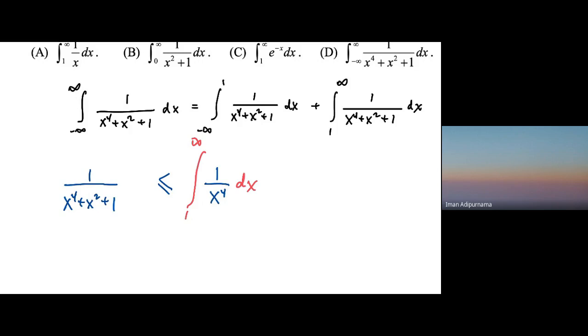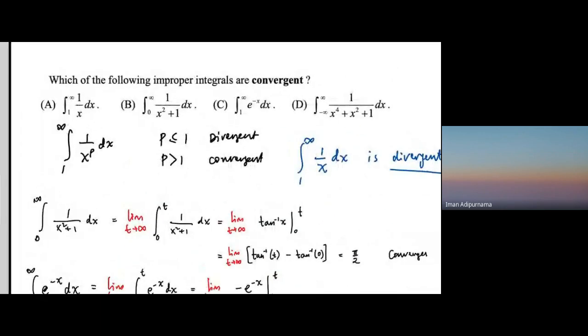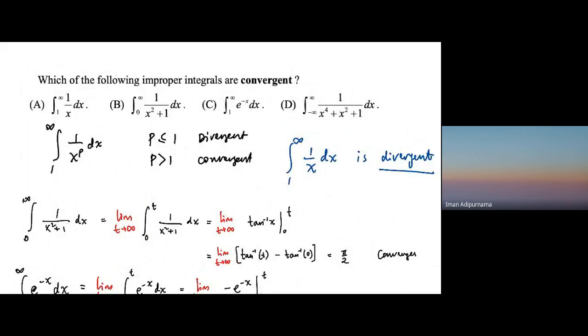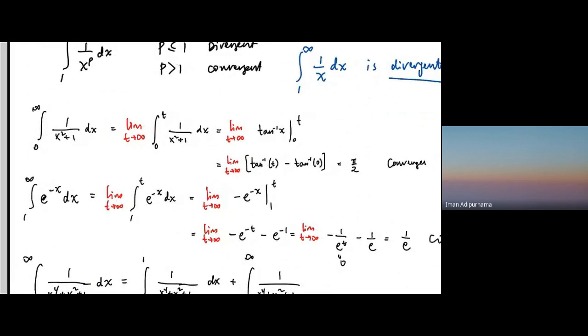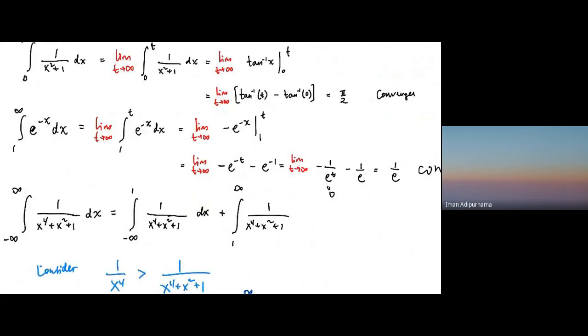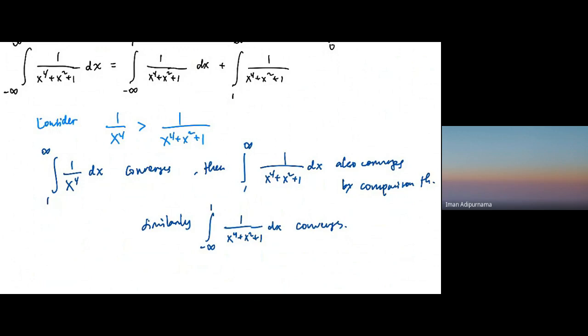Okay. So if we break down the whole part, the first one is already diverged. The second one we have a tangent inverse, and we can look at the solutions. The third one also we can have the e, 1 over e, and the fourth one we can look at by the comparison theorem, and you can get that the whole thing will be converged as well.